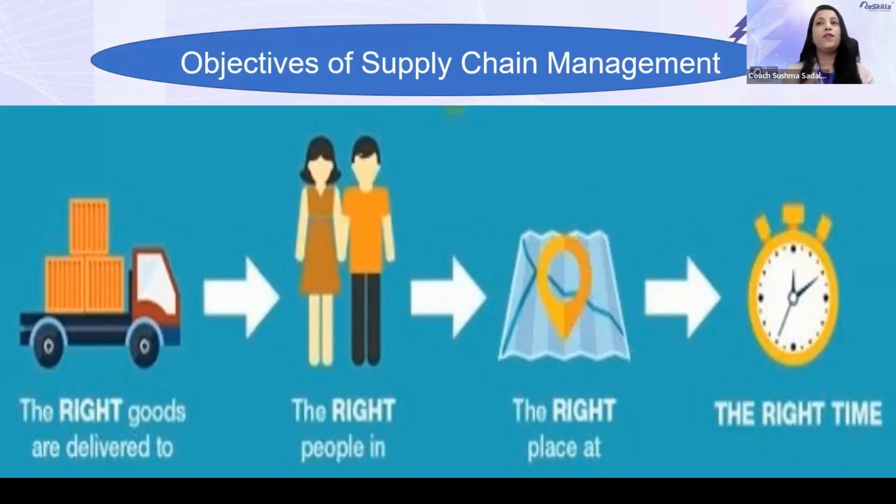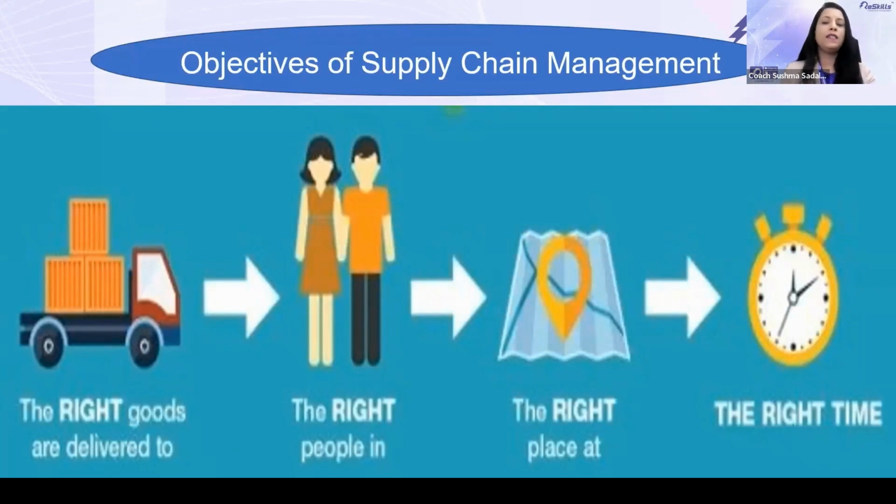After that, what happens? If you are delaying it and reaching at a later time, your ice cream is melted and all your stock goes into loss. So you should always have the right products, the right customer, the right place, and the right time.